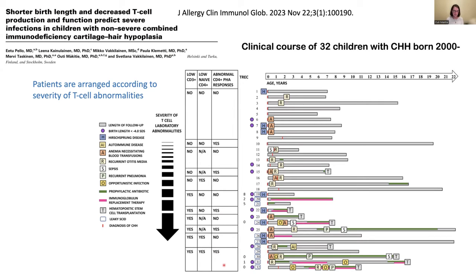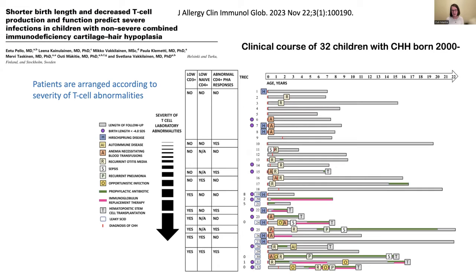stimulatory responses. So different grades, and you can see, for example, the birth length, where this purple dot means that the birth length was below -4 SDS. So the patients tended to be shorter. They more often had Hirschsprung disease.